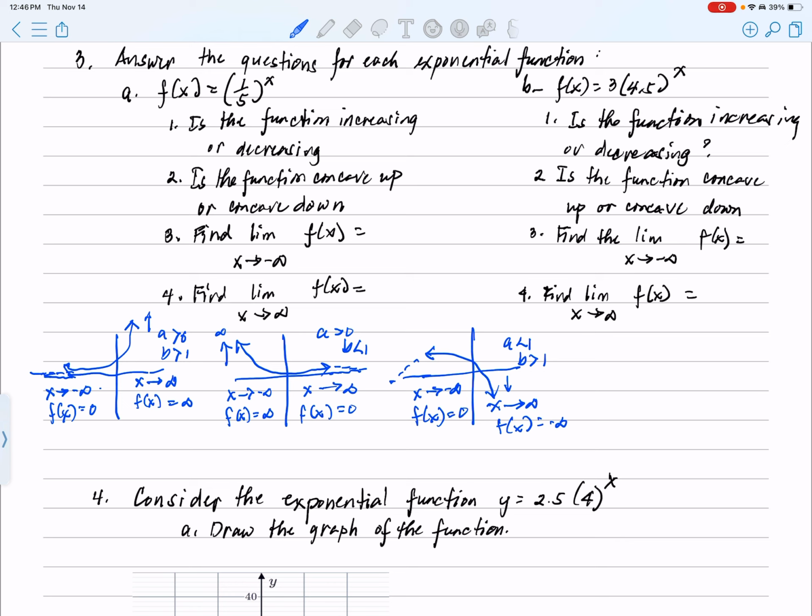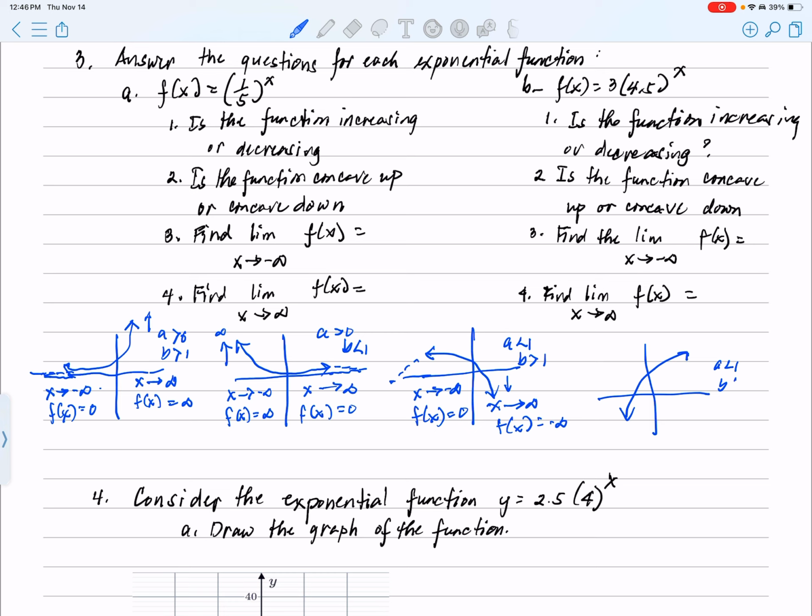Well, on the other side, if the graph goes that way, what is going on here? A less than 1 and b is less than 1.